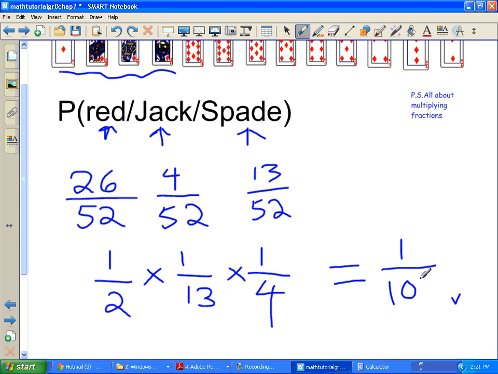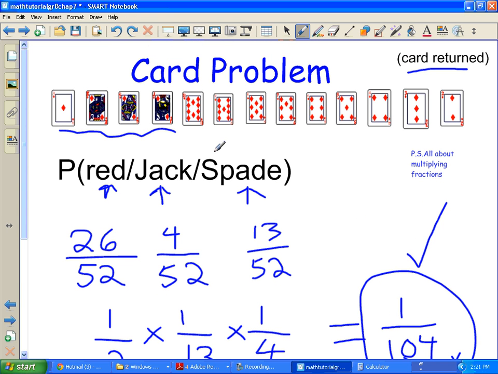So my chances of getting a red and then putting it back, and then getting a jack, and then putting it back, and then getting a spade, so all 3 of these events happening, is 1 chance out of 104. That's not even 1%. That's less than 1%. Of course, if I didn't return the cards, then I certainly would be lowering my chances. But in this case, we're just going to say we return the card, so there's always going to be 52 cards left in the deck every time.